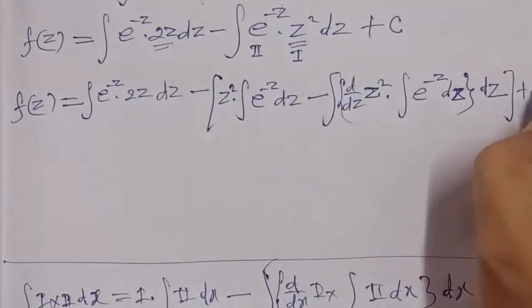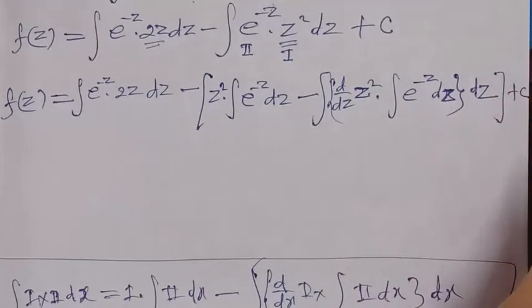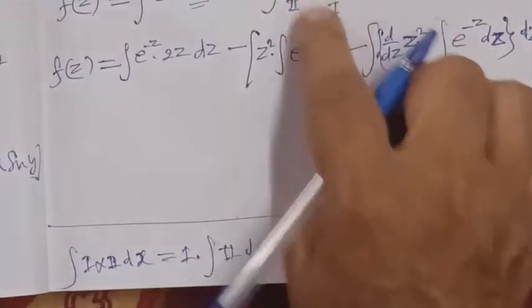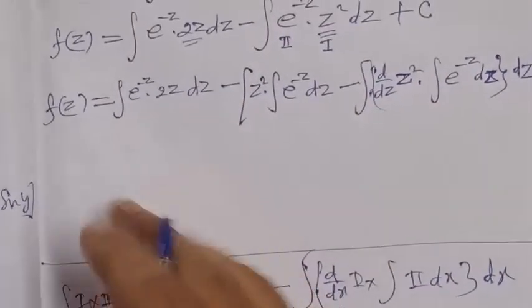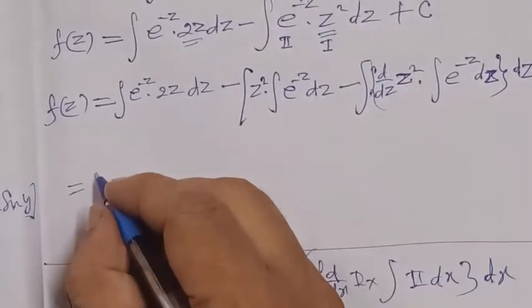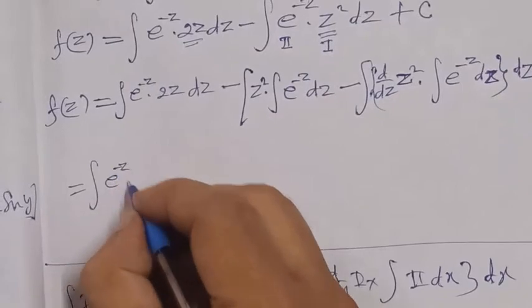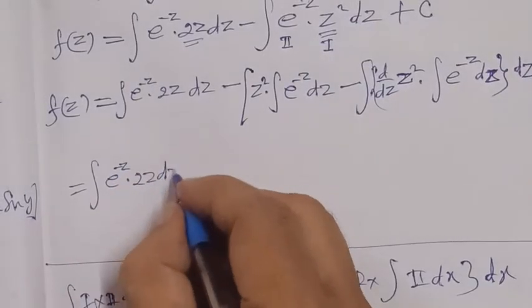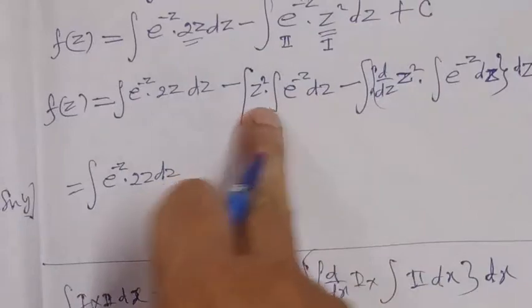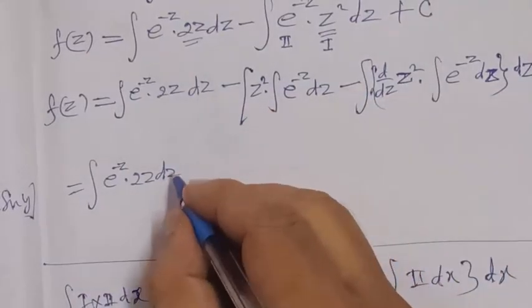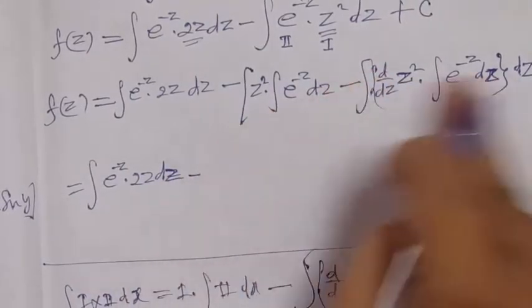Plus c, we write plus c here without any change, only applying integration by parts here, because we know that this value will cancel out from here by this value.